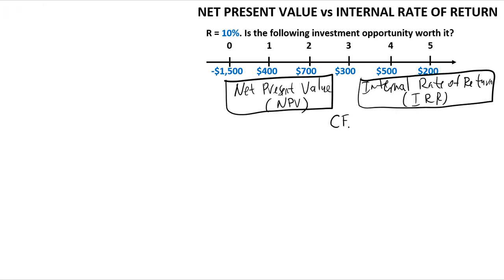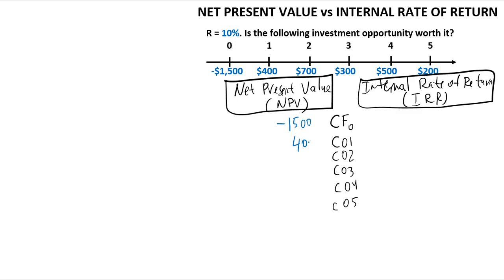You're going to be entering cash flow for year 0, then cash flow 01, the first one in the future, cash flow 02, cash flow 03, cash flow 04, and cash flow 05. In both cases, you will be entering the same exact numbers. Cash flow in year 0 is what you invest, negative $1,500, a cash outflow.